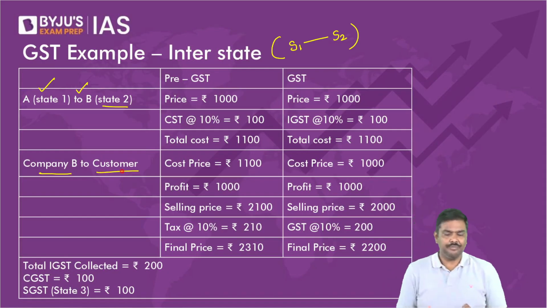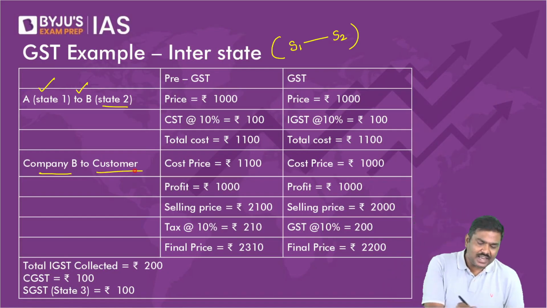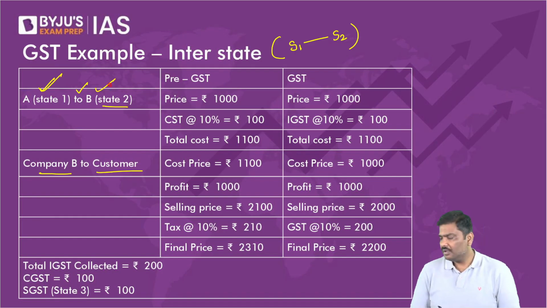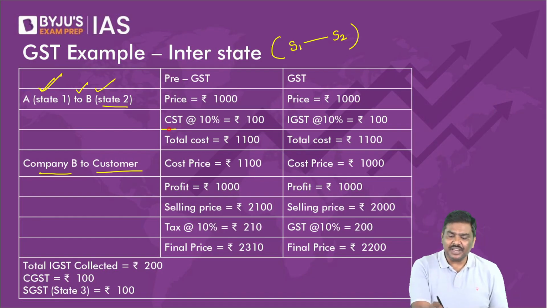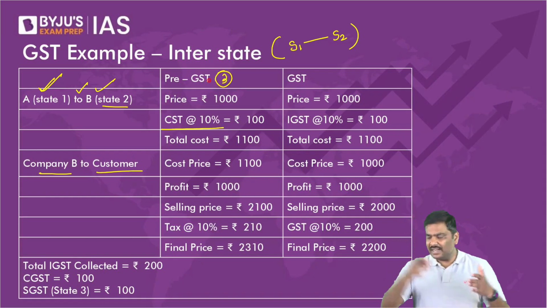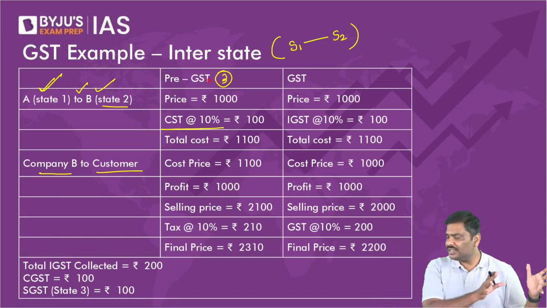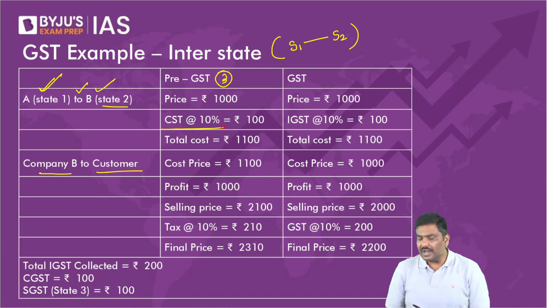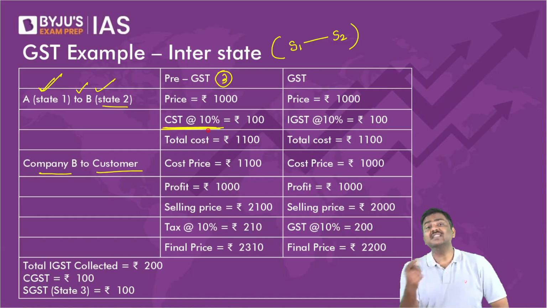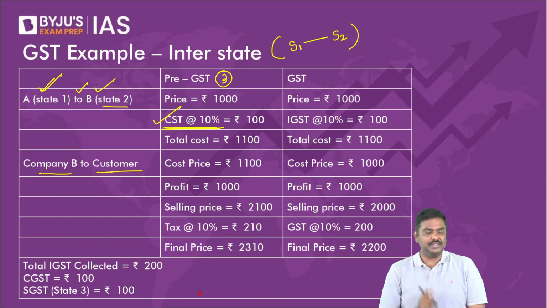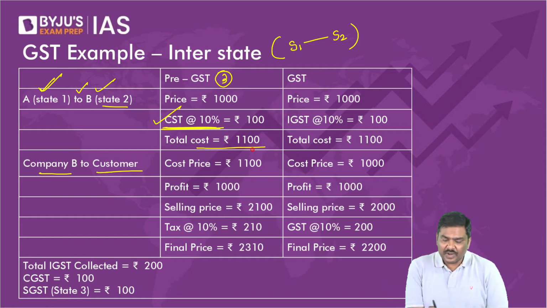Please understand. Now A will sell it to B. Interstate, so CST is applicable. I'll start with example 3 now. B is in a different state, A is in a different state. Is CST applicable or not? CST, Central Sales Tax, 10%. So B will purchase it at 1100 rupees. Now the cost price will be 1100.